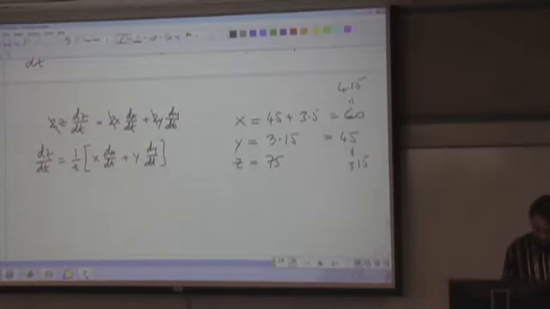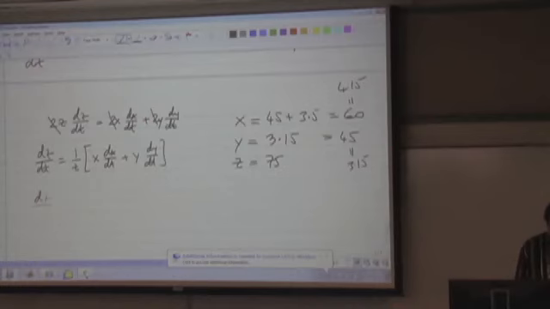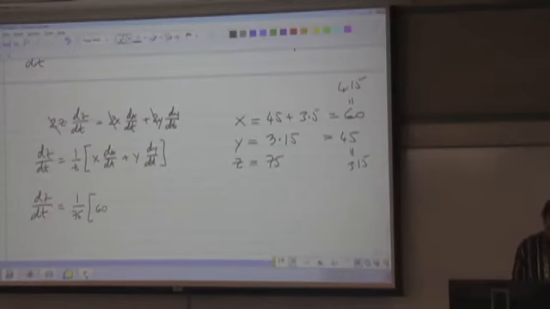So dz over dt then is going to be 1 over 75 times 60 times 5 plus 45 times 15, right? So let's see, 5 times 15, so I'm left with a 4, and then plus 9, so I end up with 13 feet per second.